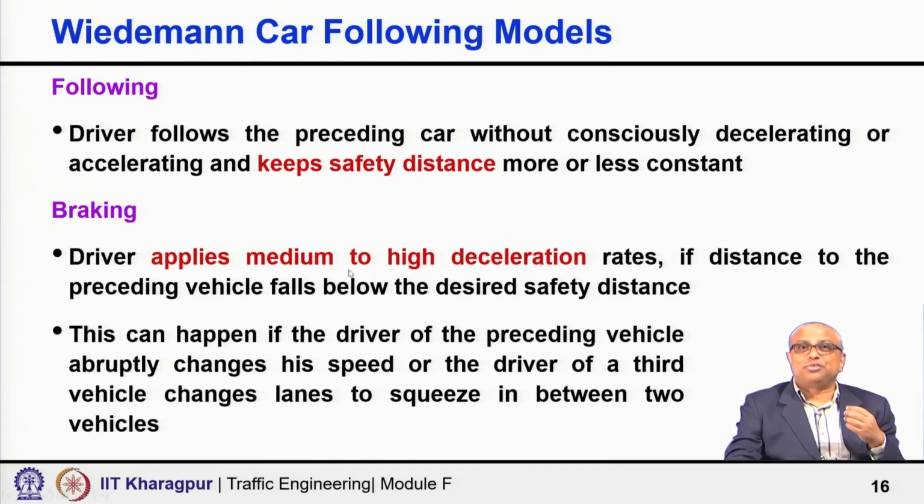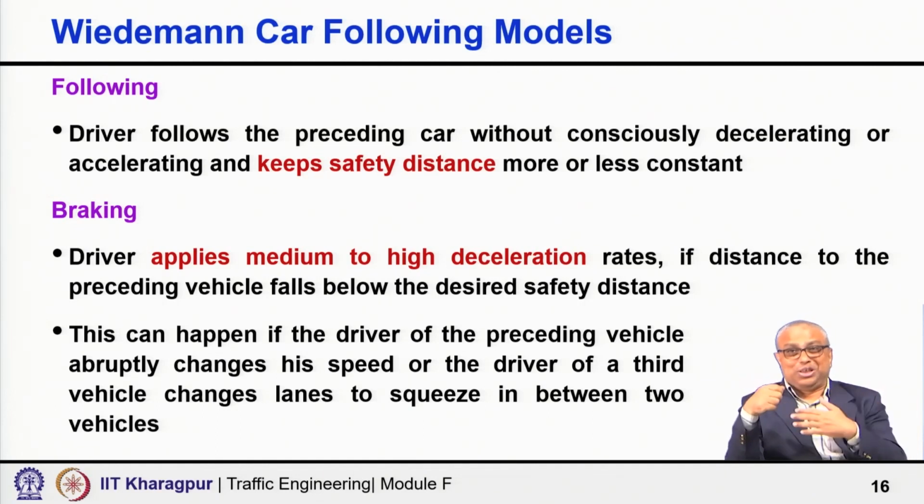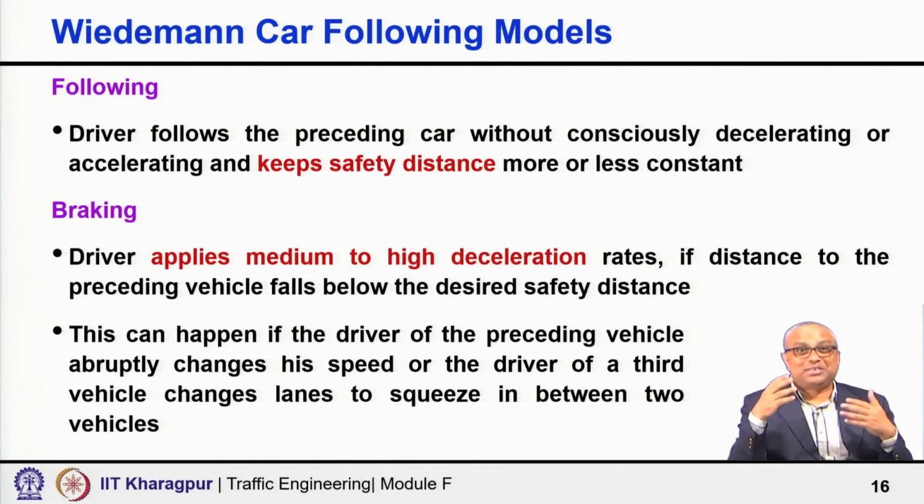The driver applies medium to high deceleration if the distance to the preceding vehicle falls below the desired safety distance. What is really desired? Desired still has some margin, right. So, falling below desired does not mean collision is going to happen, but you are saying that now you are falling below the desired safety distance.